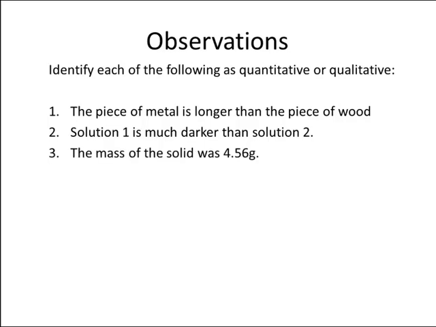Alright, number 3. The mass of the solid was 4.56 grams. That would be a numerical measurement, therefore it would be a quantitative observation. Number 4. The liquid in beaker A is blue.